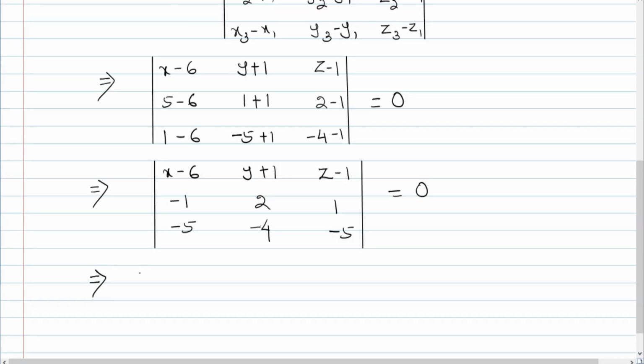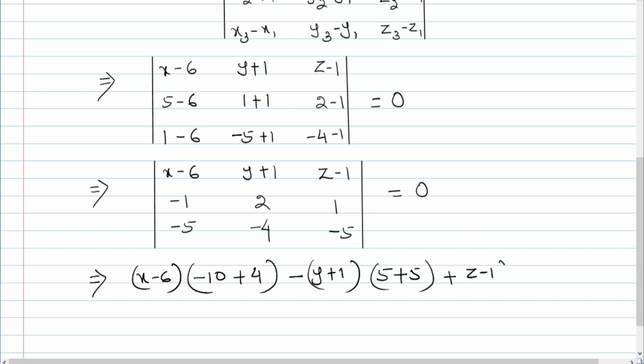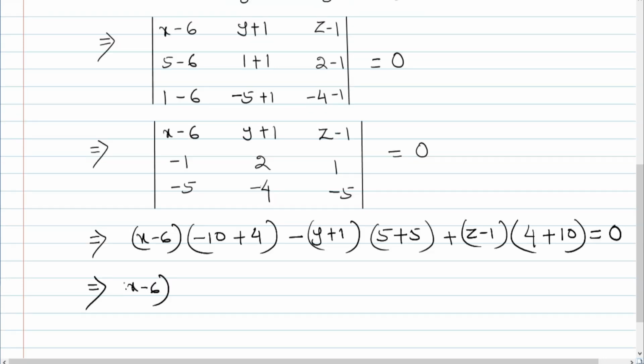So you can expand yourself, that is x minus 6 whole into 2 into minus 5, that is minus 10, minus minus plus 4, minus y plus 1 whole into plus 5, plus z minus 1 whole into plus 4 minus minus plus 10 is equal to 0. Okay, that is x minus 6 whole into minus 6, minus y plus 1 whole into 10, plus z minus 1 whole into 14.